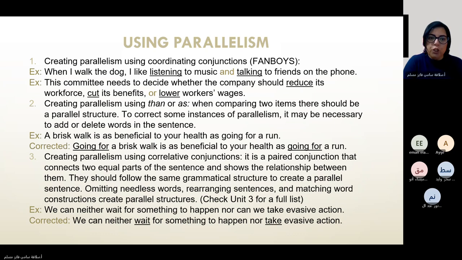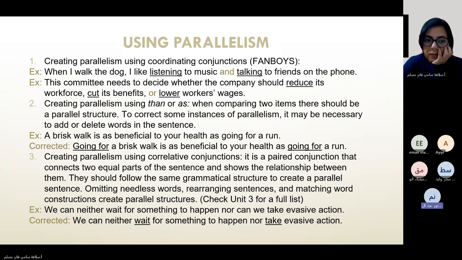Okay? So, how can we do that? We can achieve parallelism by using coordinating conjunctions, the fanboys. Okay? Yalla, Noor. When I walk the dog, I like listening to music and talking to friends on the phone.